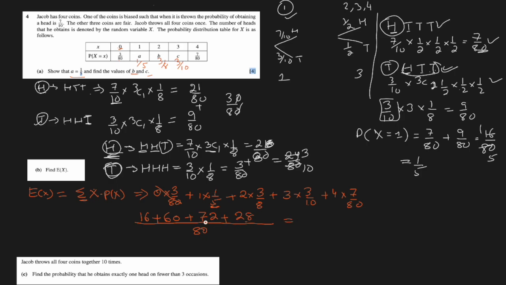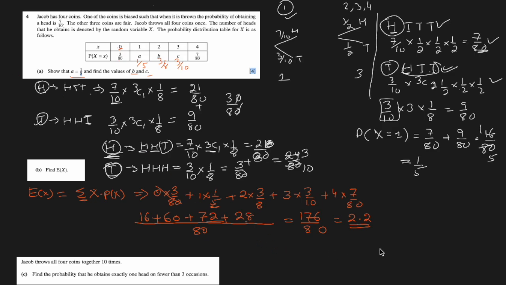So 28 plus 72 is 100, plus 60 is 160, plus 16 is 176. 176 over 80. And if we want to express this in decimals, we'll get 2.2. That is the expected value.